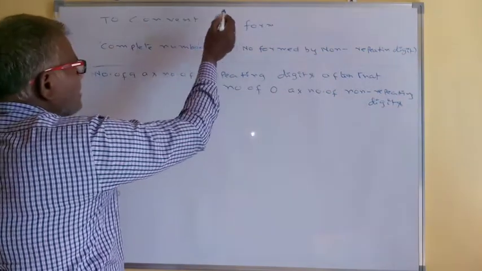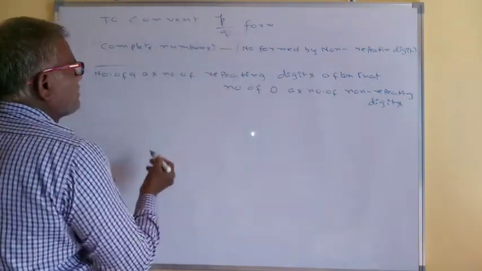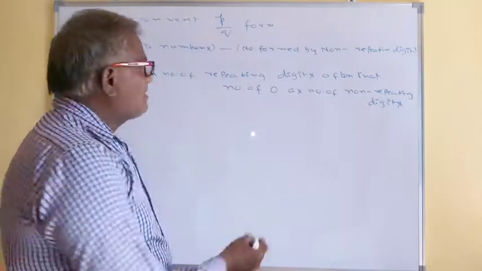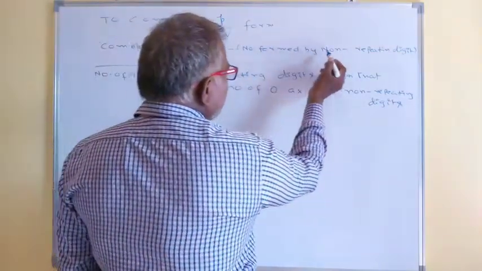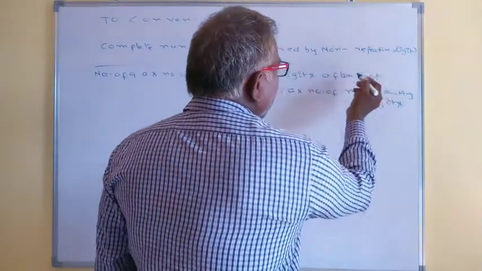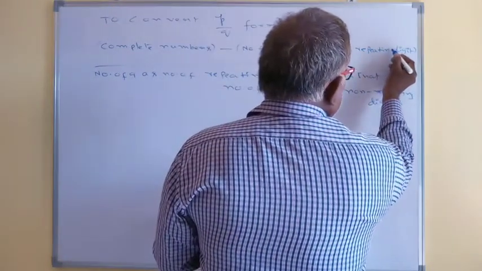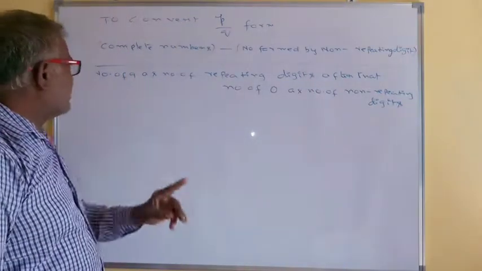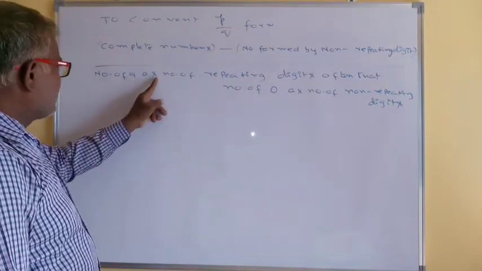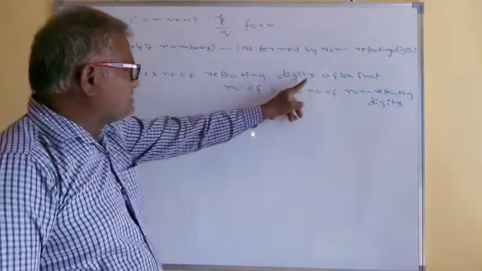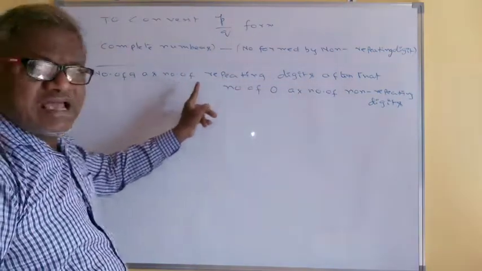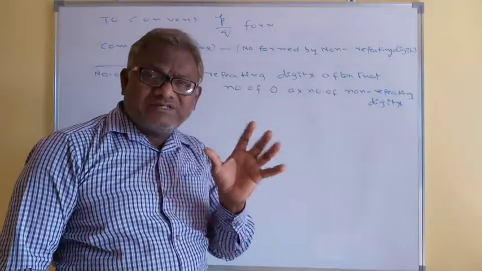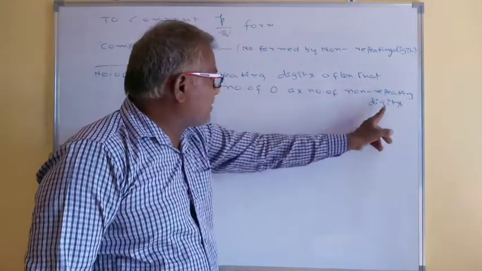To convert into p by q form, first write down the complete number, minus the number formed by the non-repeating digits, whole divided by as many 9s as the number of repeating digits, after that as many 0s as the number of non-repeating digits.